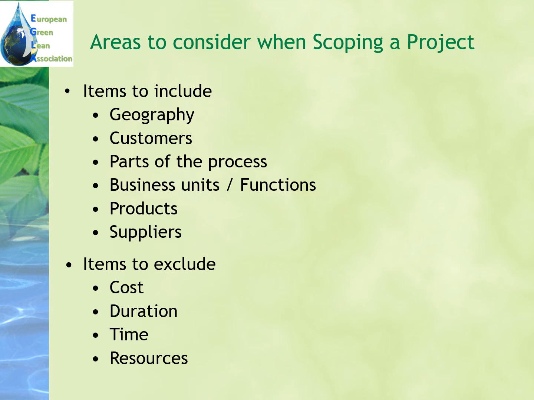Which business units or functions will be included and which will be excluded? What products, what suppliers will be included in the project? In this phase, we do exclude things related to cost, duration of different phases, time when it's done, and resources, because those will be planned later.